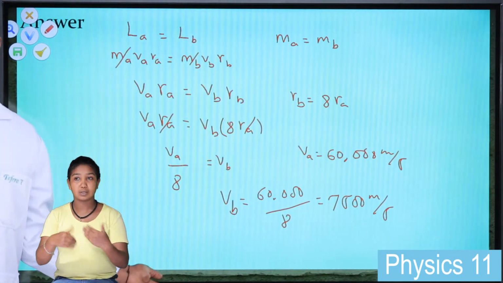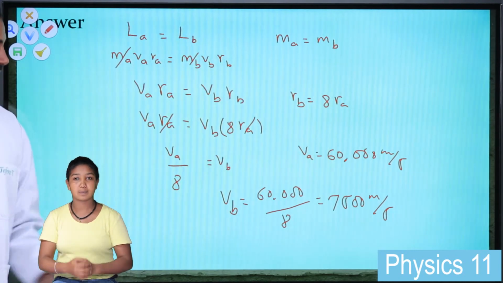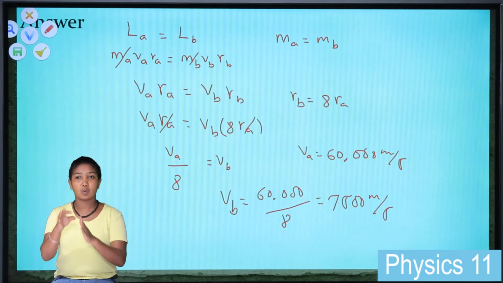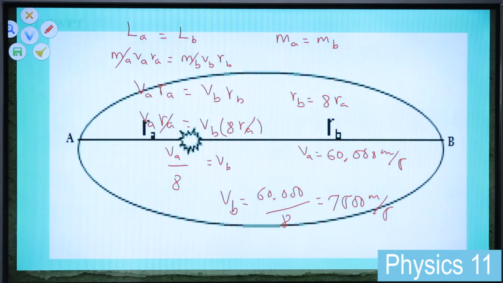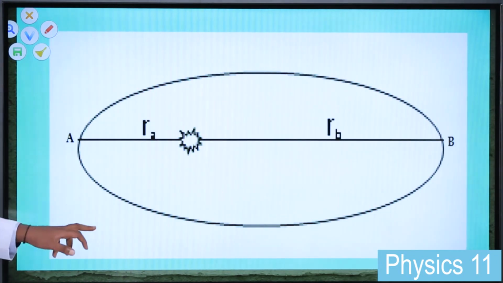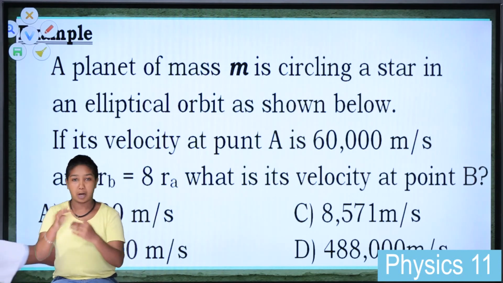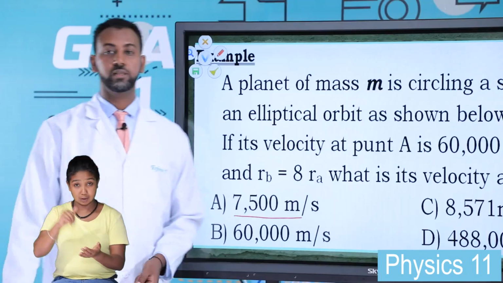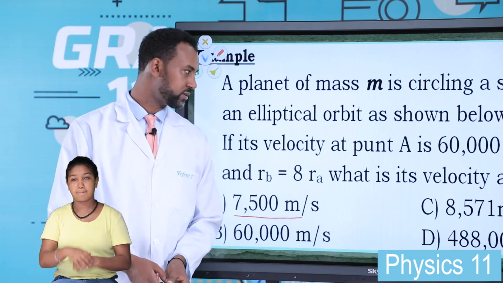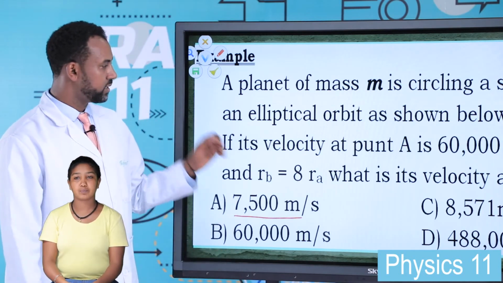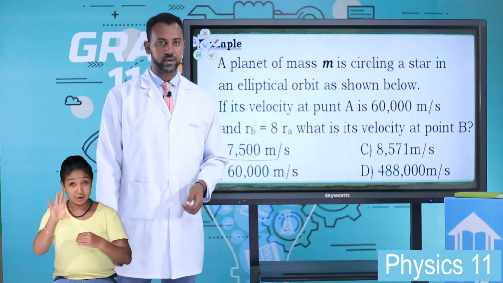So this is how we solve this equation. Let's look at it again. Here we have the alternatives. Actually, we have found it to be 7,500 meters per second. I hope you have found the answer.